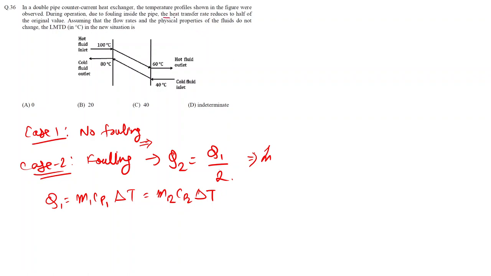That is, over here the heat transfer rate reduces to half of the original value, and we have this value of Q1 as M1 CP1 delta T is equal to M2 CP2 delta T. For case 2 the inlet conditions will remain same, and the outlet conditions, if we consider this hot fluid as first and cold fluid as second, we are considering as T1 dash out, and for this cold fluid T2 dash out. Now we have to find this temperature T1 dash and T2 dash in order to find the LMTD.